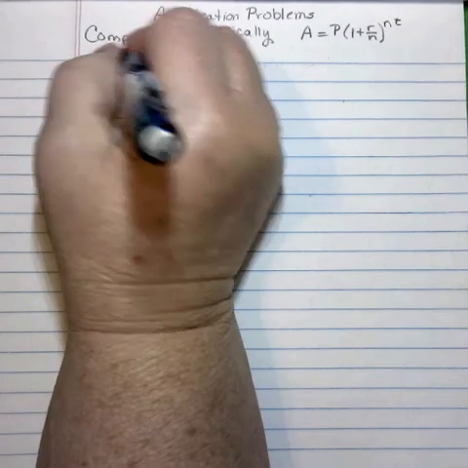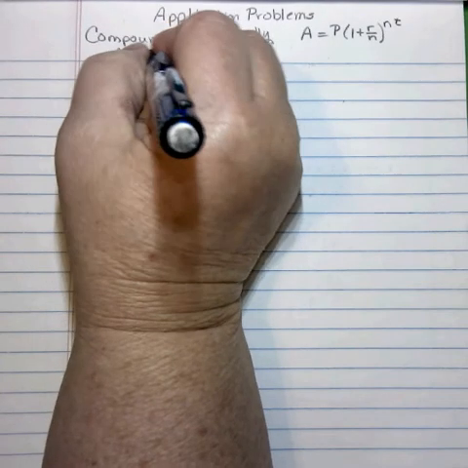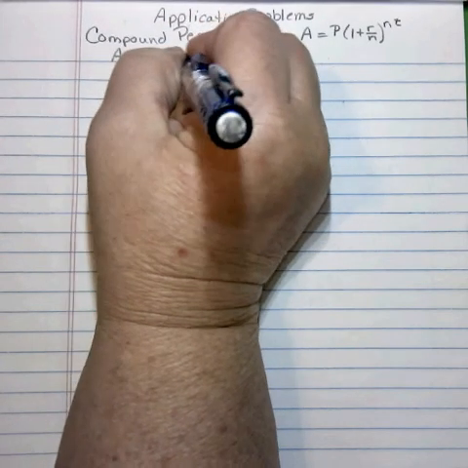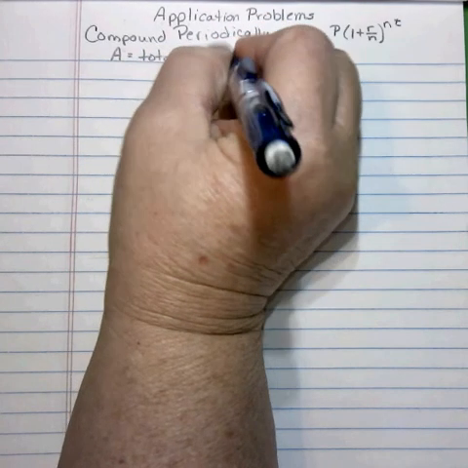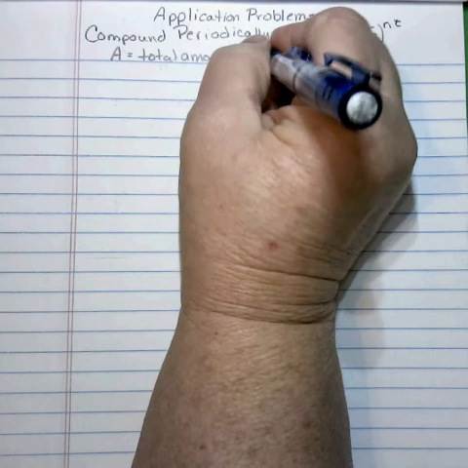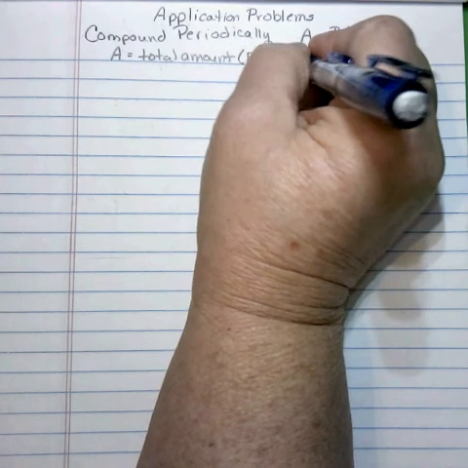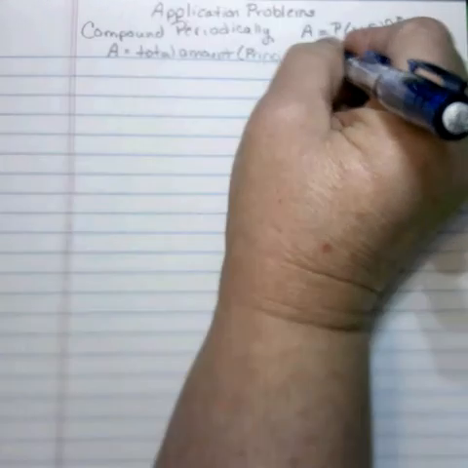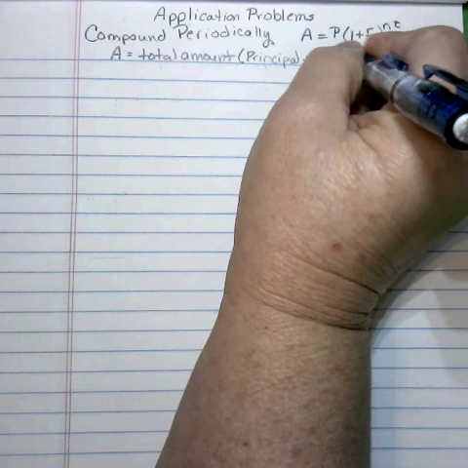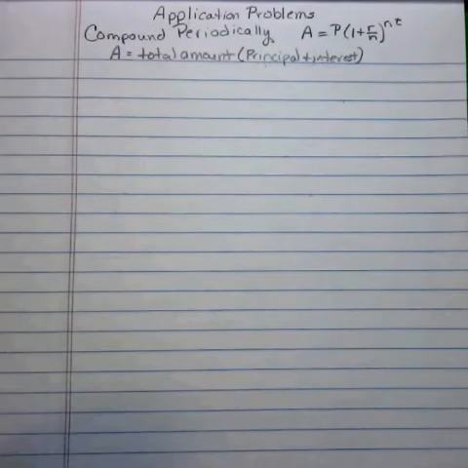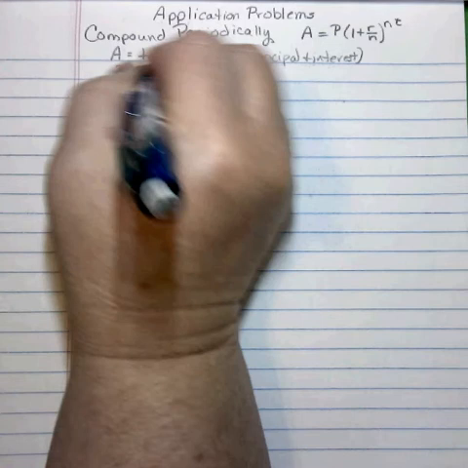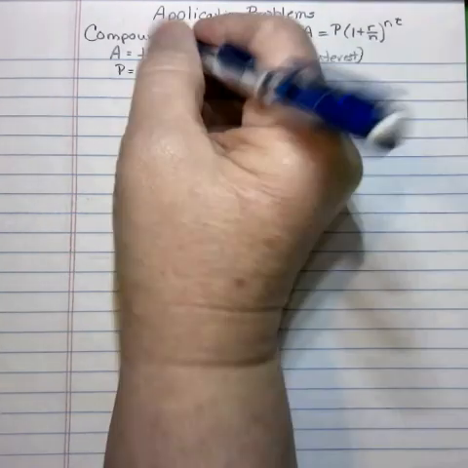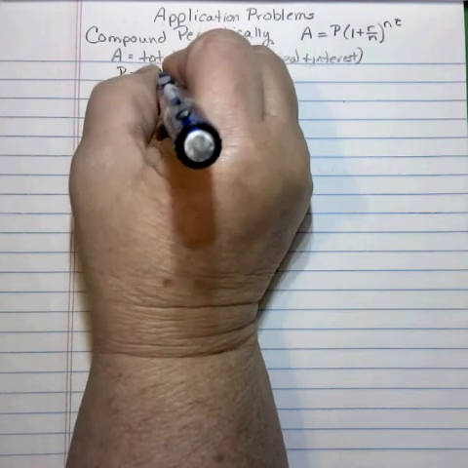The A, of course, represents the total amount. It's going to actually include your principal and interest. The P is going to represent your principal or initial amount, whichever way you want to think of that.